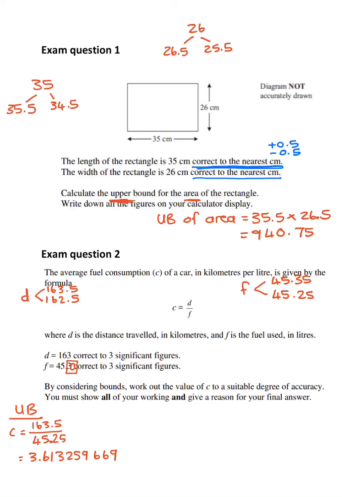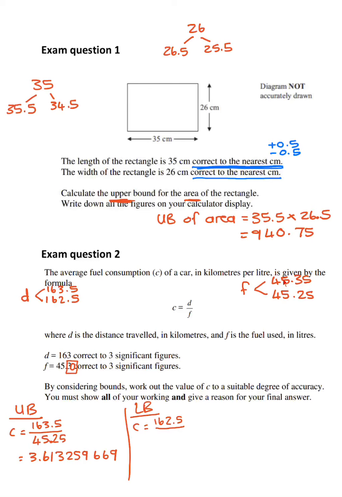If I look at the lower bound, now to get the smallest possible answer there, I need to take the smallest possible D value and divide it by something as big as possible. That would make my answer smaller. So the smallest possible D value would be 162.5, and I will divide that by as big as possible a value there.